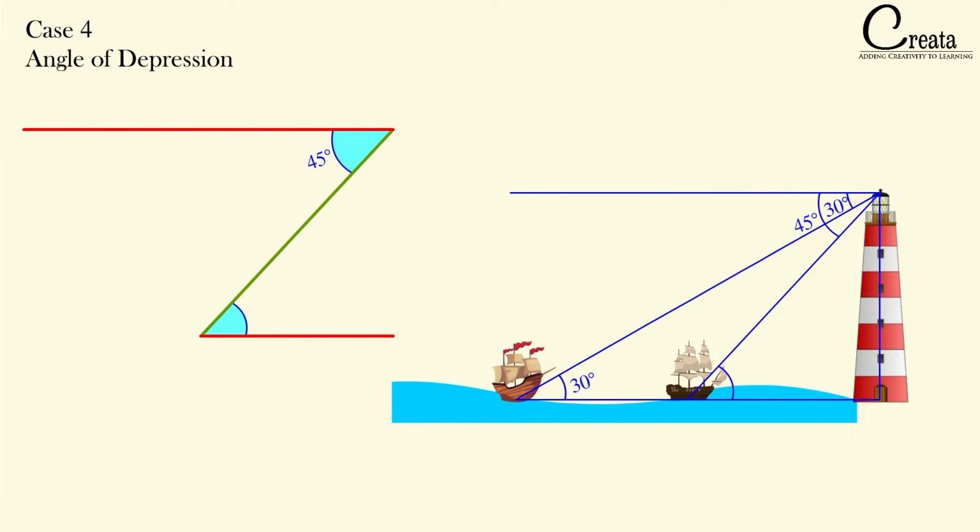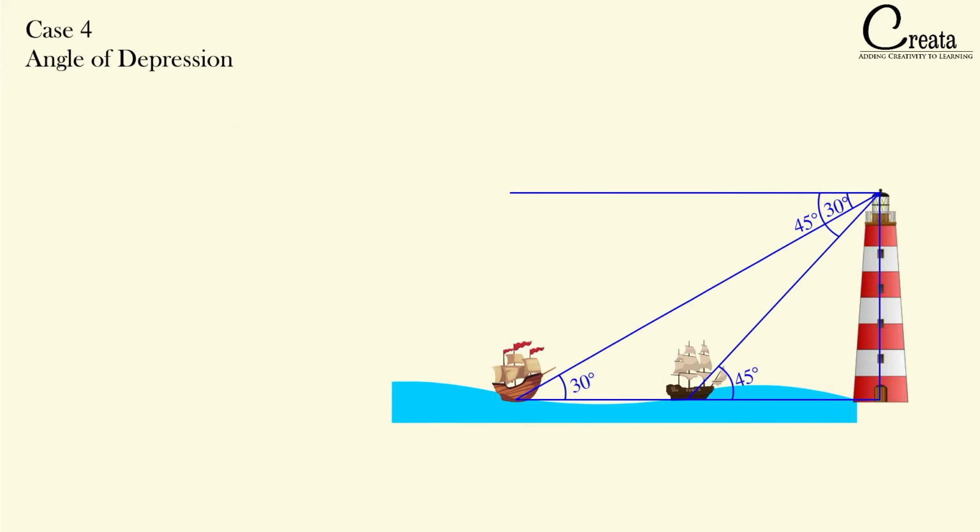Again, these two angles are alternate interior angles which are equal to each other. So by using the transversal, we have transferred the angle at the top to the bottom part. Whenever we are having the angle of depression, this concept will be applicable. Just use the simple transversal and the alternate interior angles and transfer the angle at the top to the bottom part. The rest is just the application of the trigonometric ratios.